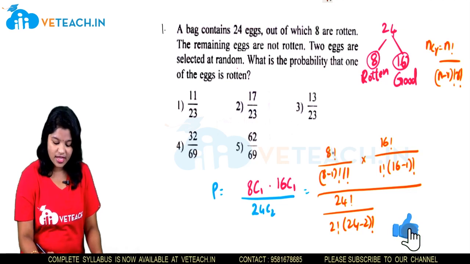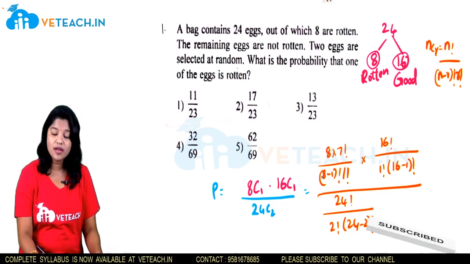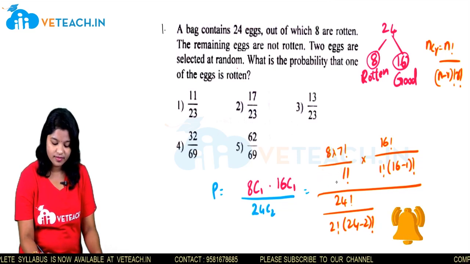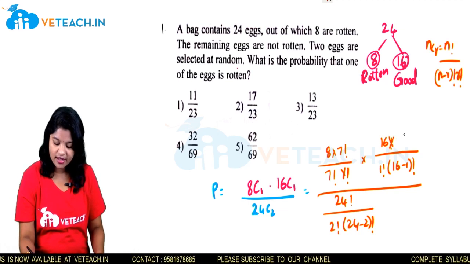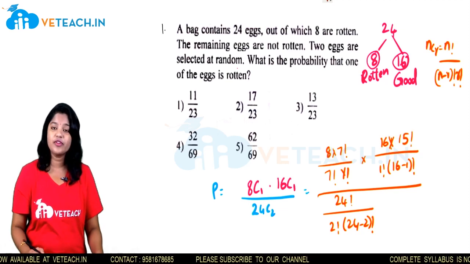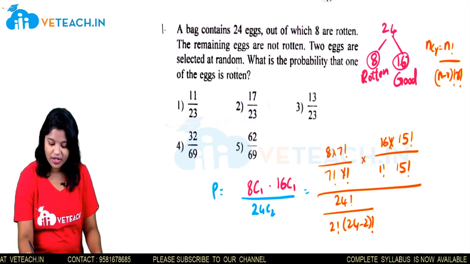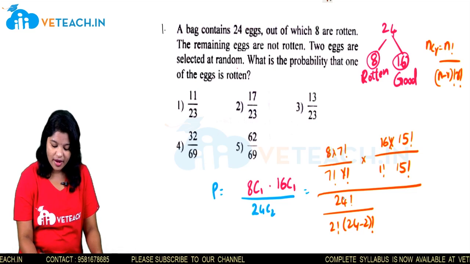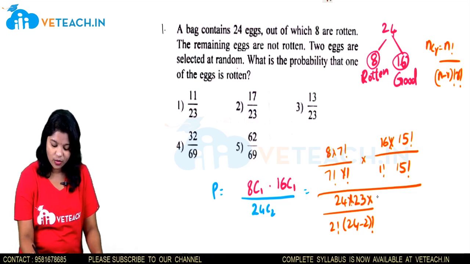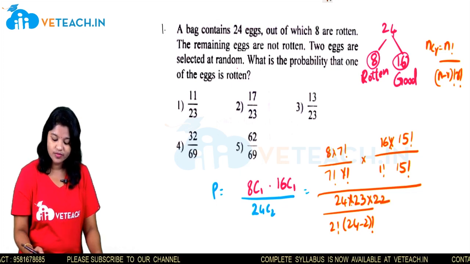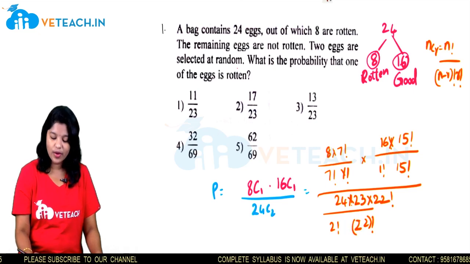Now I can write this 8 factorial as 8 into 7 factorial, and this 8 minus 1 is nothing but 7 factorial. Similarly, 16 factorial I can write as 16 into 15 factorial. 16 minus 1 means 15 factorial. Similarly, I am writing 24 factorial as 24 into 23 into 22 factorial. 24 minus 2 factorial can be written as 22 factorial.